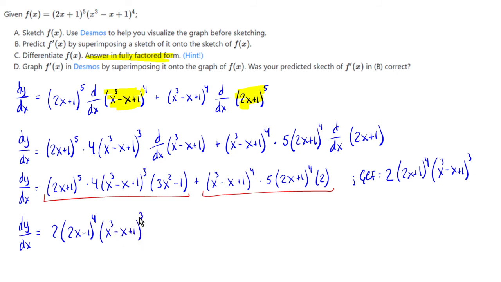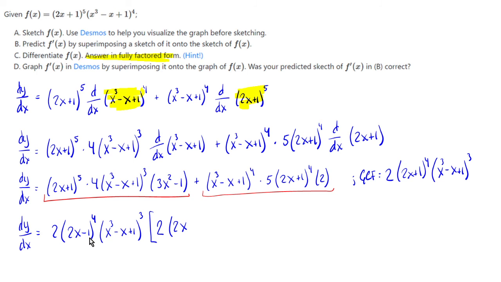So if we factor out that as our greatest common factor, then we're going to be left with, so if we take a look at this first product here, we factor out the 2, we're left with a 2. We factor out 4 2x plus 1s, we're going to be left with 1 2x minus or plus?